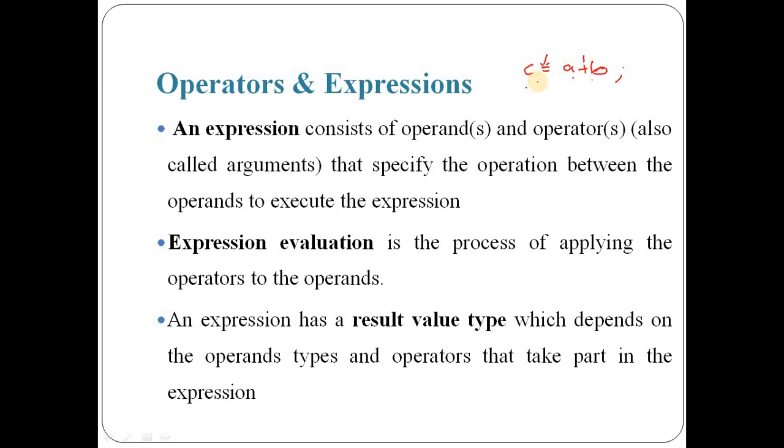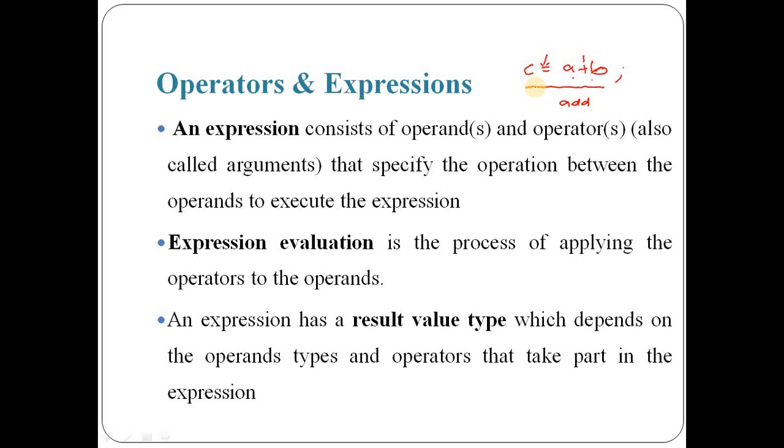We combine these operands and operators and we are performing an operation. The name of the operation is addition. We are adding two numbers and storing that value into a third variable. This way a number of operands are mixed up with a number of operators, and this makes an expression.